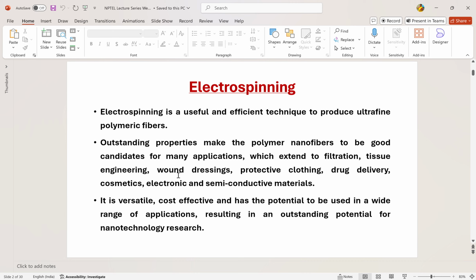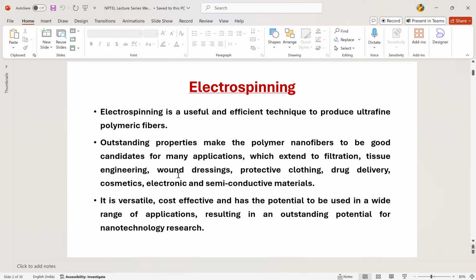Wound dressing, basically what happens is that you make a patch with nanofiber in which you load your drug. We have the problem that when you apply a band-aid on a cut, then when you're peeling the band-aid off, you feel some pain. So nowadays scientists and researchers are making wound dressings that have some kind of nanoparticles, be it silver nanoparticles.